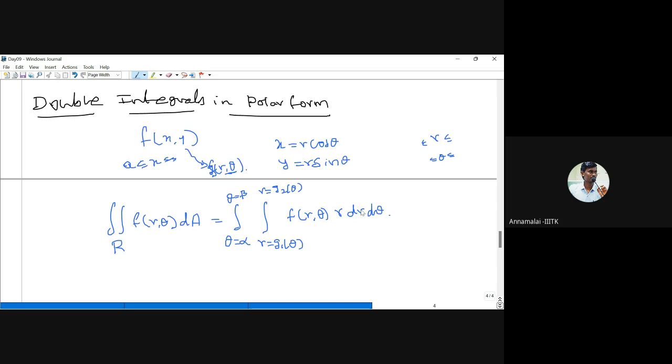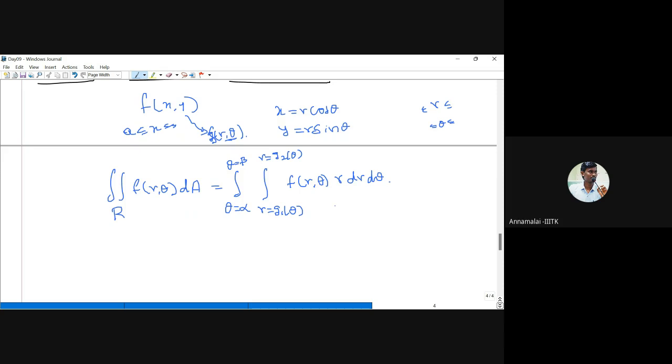Why this formula came, maybe we will discuss in a general formula later. Now we solve some problems with this. Similarly, what is the area in polar coordinates? Everything is in polar coordinates.